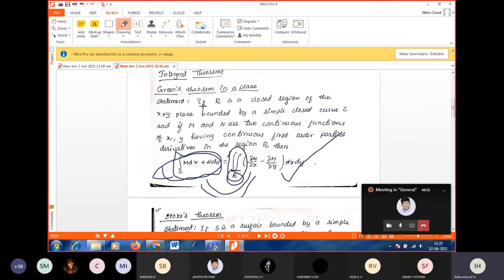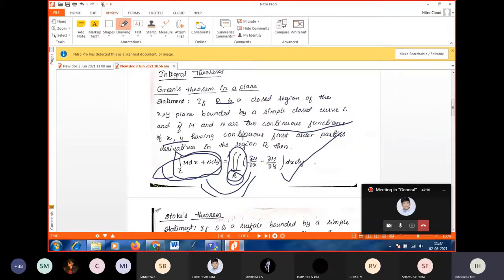The statement says that if R is the closed region of the xy plane bounded by a simple closed curve C, and if m and n, you may ask, ma'am, we are doing integration of a vector, what is m and what is n? So m and n are continuous functions of x and y having continuous first order partial derivatives dou n by dou x and dou m by dou y.